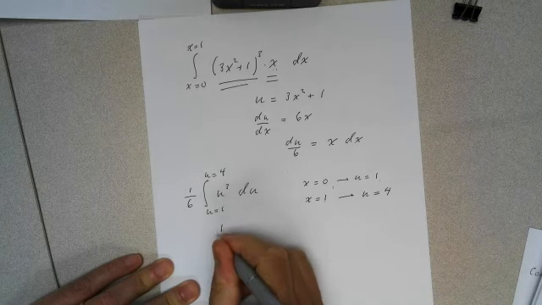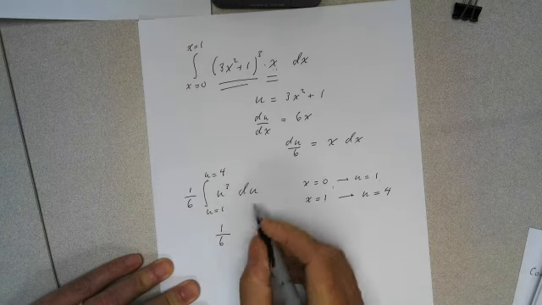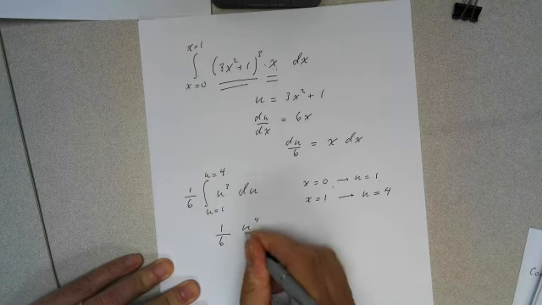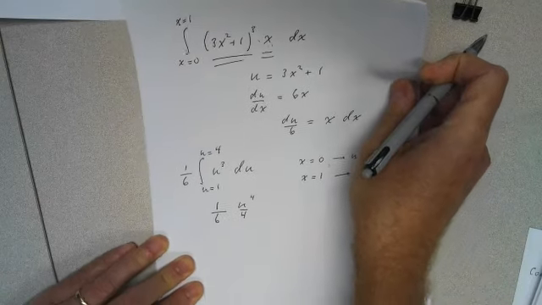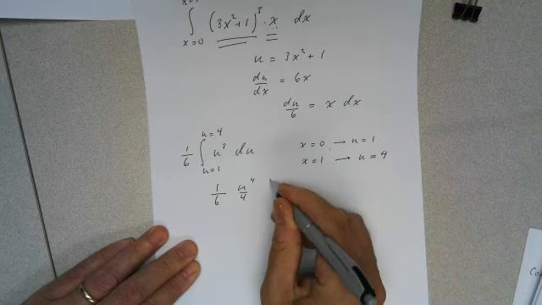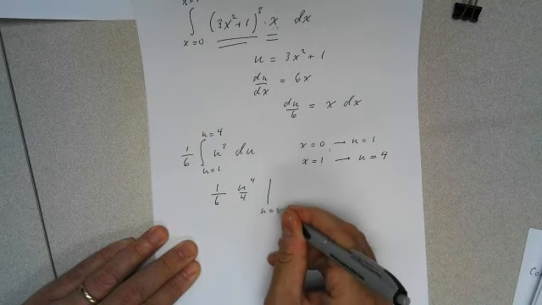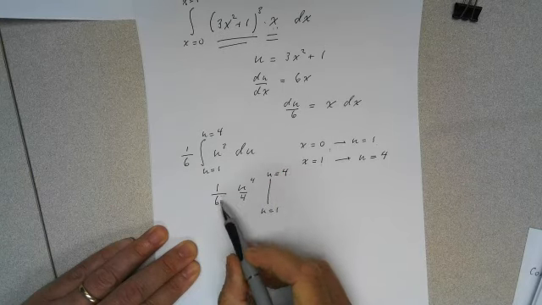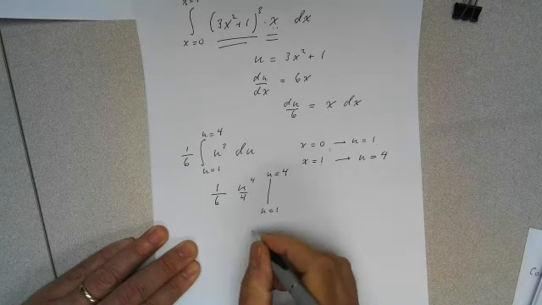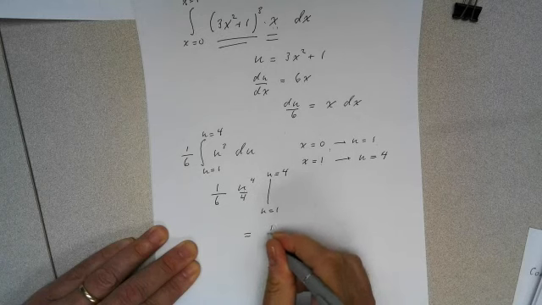Let's simply compute the antiderivative. 1/6. Using the power rule, we'd have u to the fourth over 4. And we would evaluate that at u equals 1 and u equals 4. We don't need to replace u with x now. We're basically done.